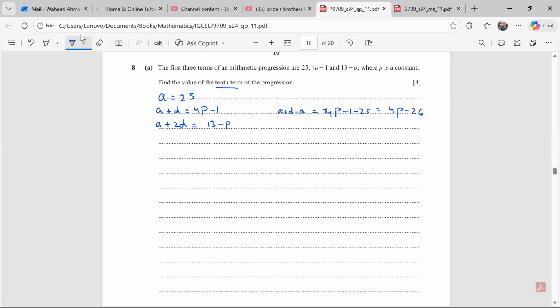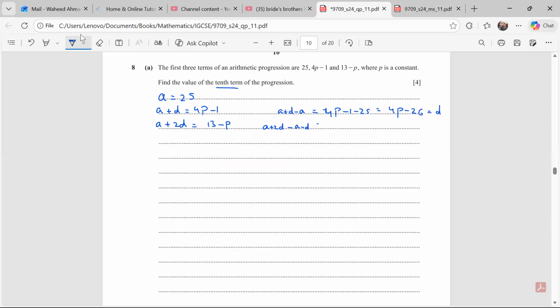Let me double check what I am doing. 4p minus 26, yes. In the same way, if I subtract the second term from the third term, I'm saying a plus 2d minus a minus d. So a will cancel, and this is also d only.